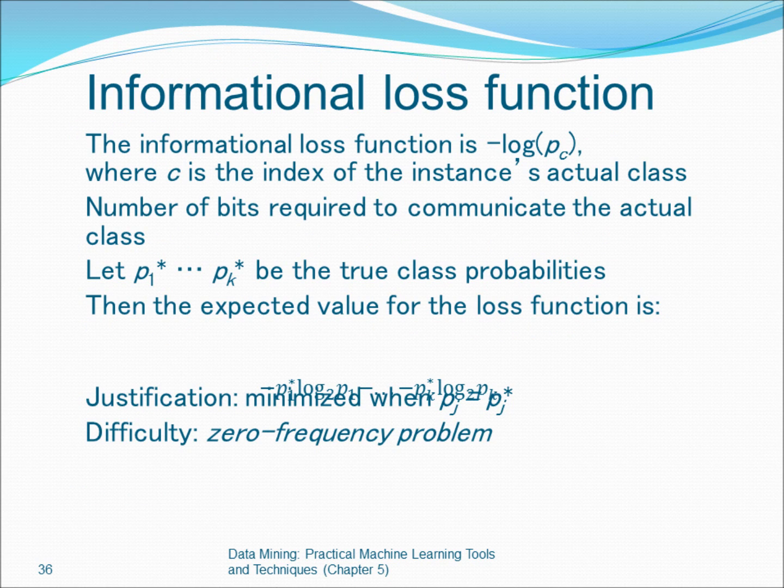Another way is to use the information loss function. Anyway, let me finish. The true class probability, again, is a sample. How do you know the true probability? Unless your sample data is infinite, you don't have the true one.